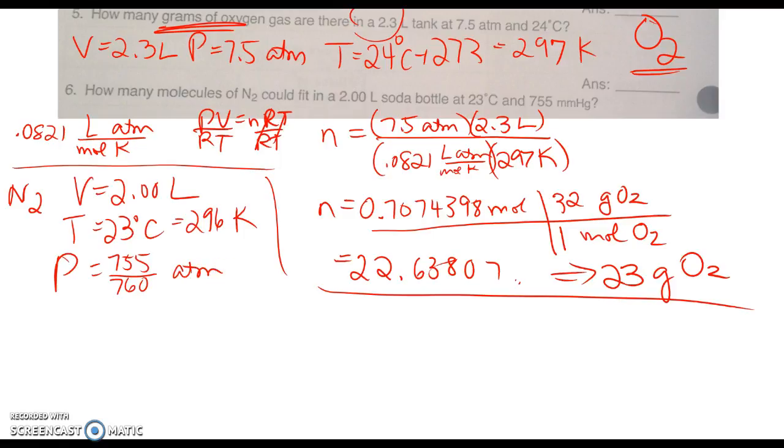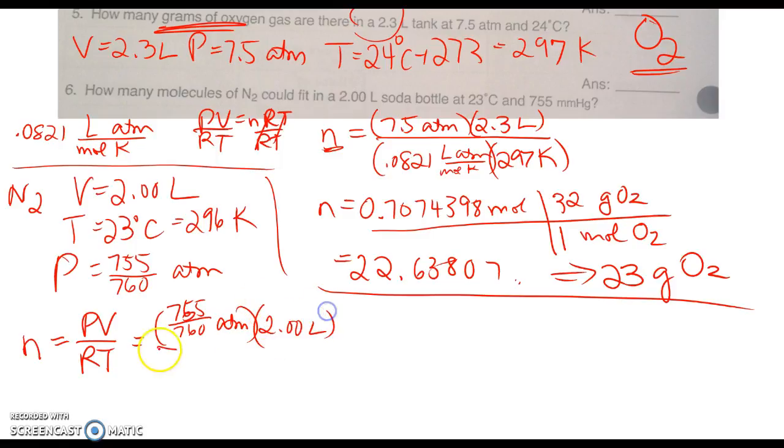So we need molecules, but first we have to get moles. So up there we said moles will be PV over RT. Pressure, 755 over 760 atmospheres. Volume, 2.00 liters. R, 0.0821 liters atmospheres per mole degrees K. And our temperature, 296 K.